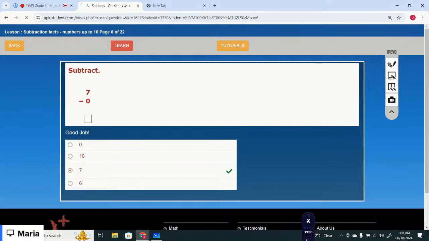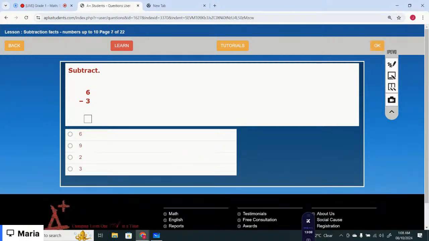So seven take away zero is seven. The next one is six take away three. So which is the correct option? Six take away three is three. It is right. The correct option is three.